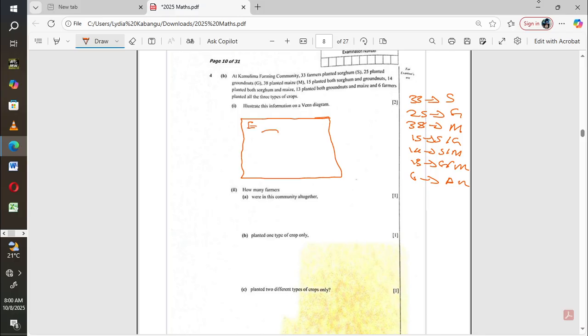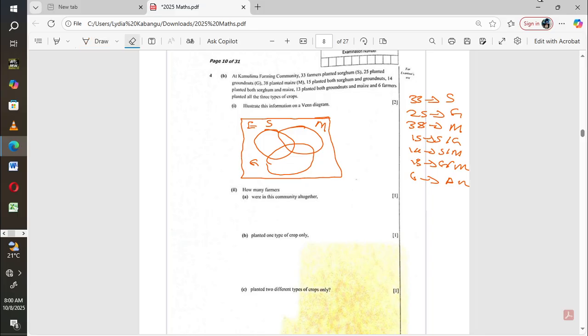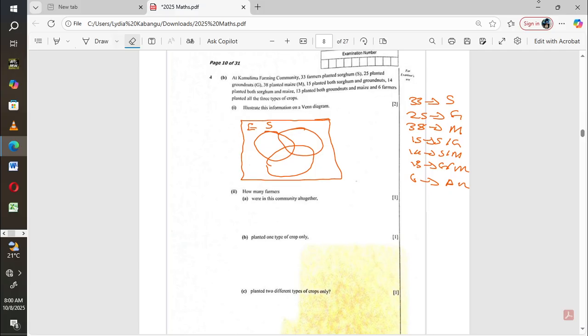We're supposed to come up with 3 sets: sorghum, groundnuts, and maize. Sorghum, we had 33.